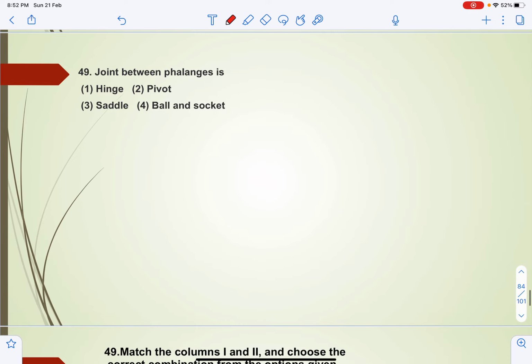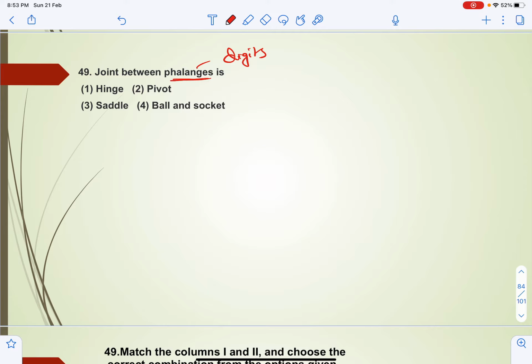Next, joint between phalanges. So that is what we can say digits. Whenever we see the joint between the digits, we know that there are different types of joints. One is pivot joint, hinge joint. Hinge joint is one plane.